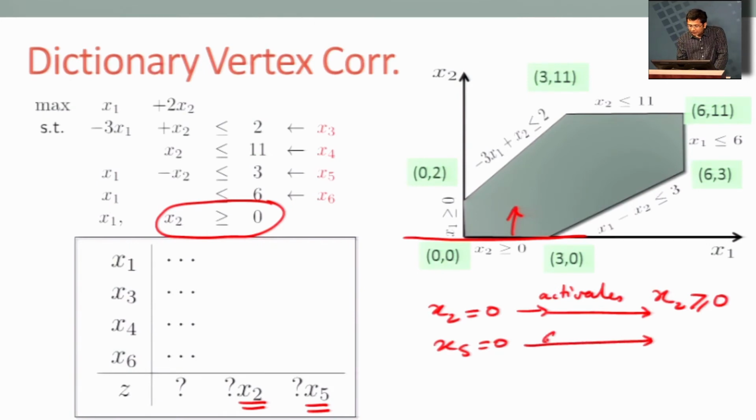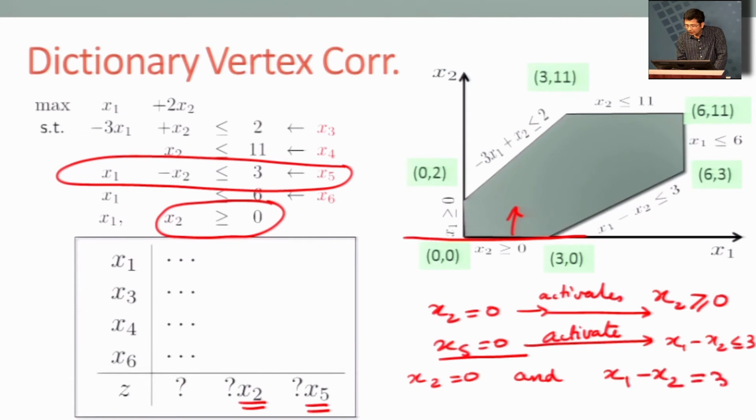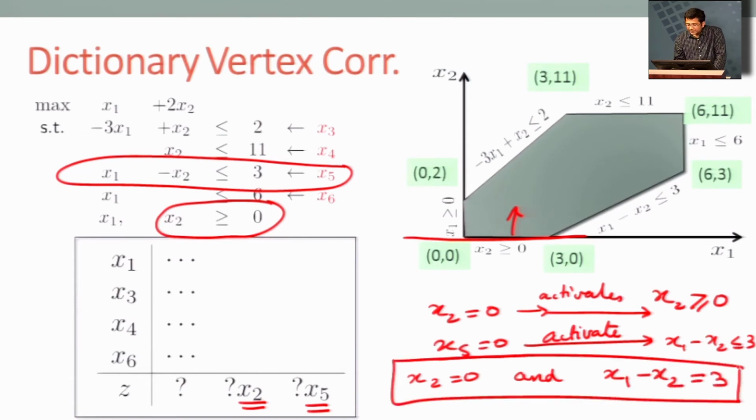x5 equals 0 can be said to activate this constraint, x1 minus x2 less than or equal to 3. So therefore, x2 equals 0 and x5 equals 0 can be equivalently written as x1 minus x2 equals 3. These two constraints give us a unique point, which is 3, 0.